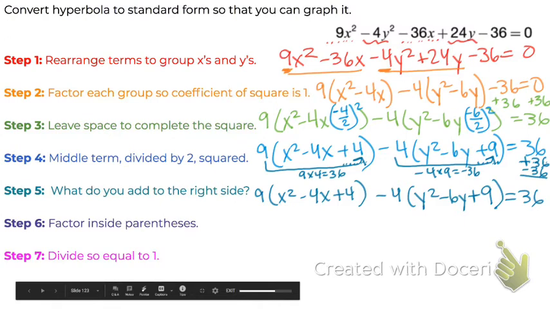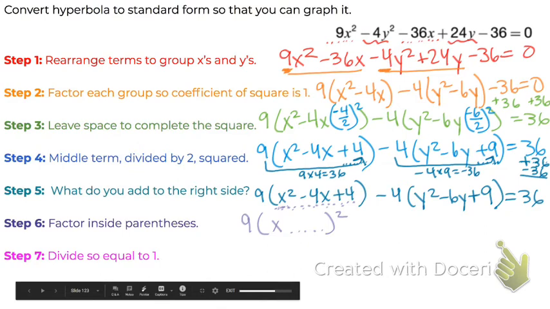Now we can factor what is inside of the parentheses. Completing the square means we turned this into something squared. I know the first number is an x because x times x is x squared, but I don't know what this is. Now, in order to factor this, you could use lots of different methods.